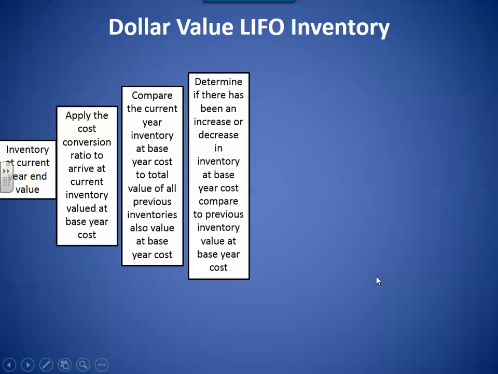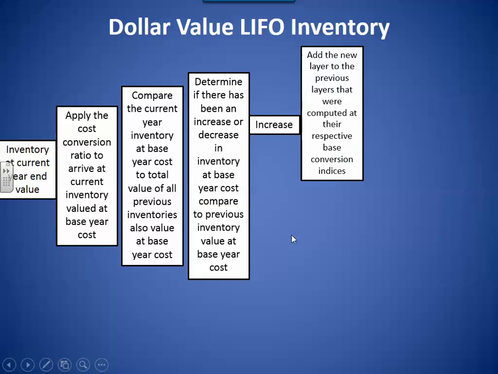Then we determine if there has been an increase in inventory within the base year cost compared to the previous inventory value. If we have an increase, we're going to add that new layer at the base year to the previous layers that were computed at their respective base year conversion indices.